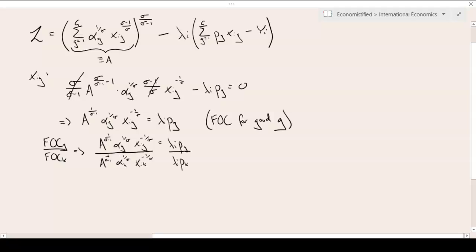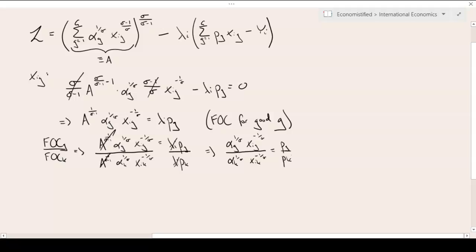And again here we can do a lot of simplification. The A term on the left-hand side cancels, and the lambda i term on the right-hand side cancels. And we get alpha G to the 1 over sigma times xig to the minus 1 over sigma, divided by alpha K to the 1 over sigma times xik to the minus 1 over sigma, equals pg over pk.